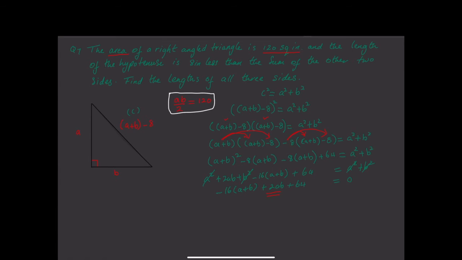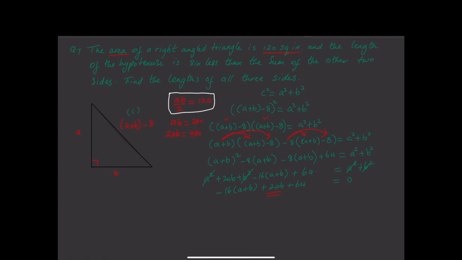Obviously, we have that AB is equal to 2 times 120, so that's 240. So obviously, if we multiply both sides by 2, 2AB is equal to 480.